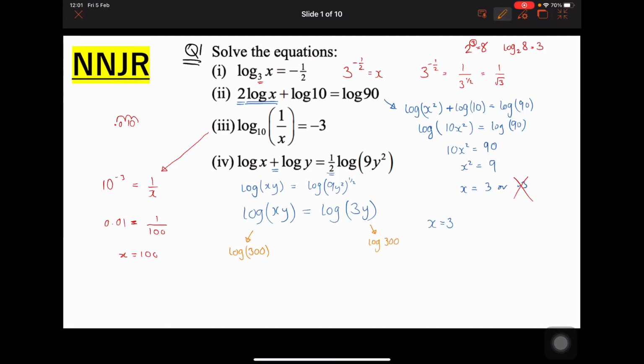If you were to substitute y equals 5, then we get log 15 equals log 15. So y can take any value. It just has to be larger than 0, just because that's a rule for logarithms. They have to take values which are larger than 0.